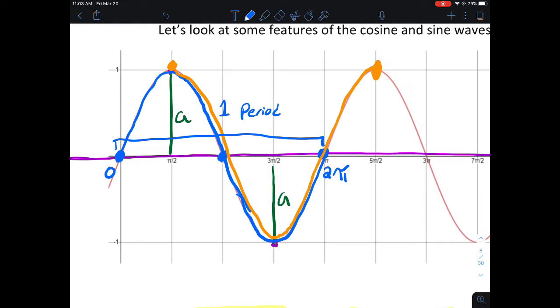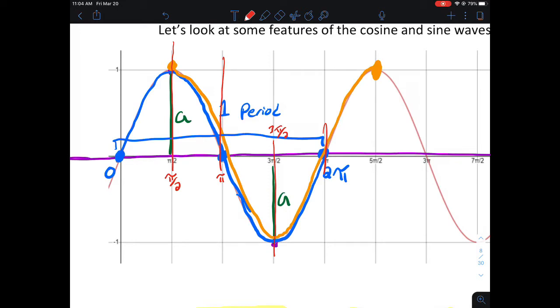Now, I want to look and see how far apart are all of my critical points. Now, my critical points, I have 1 here at pi over 2. I have 1 here at pi. I have 1 minimum there at 3 pi over 2. And then my other one is right there at the end at 2 pi.